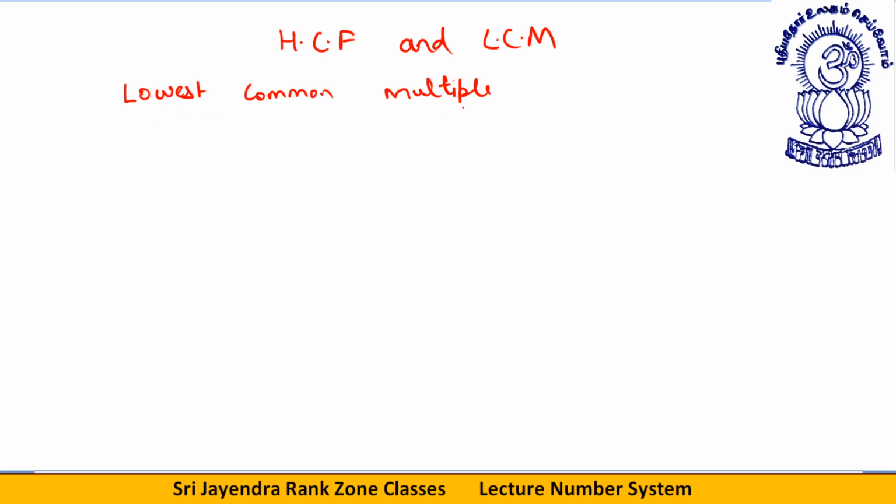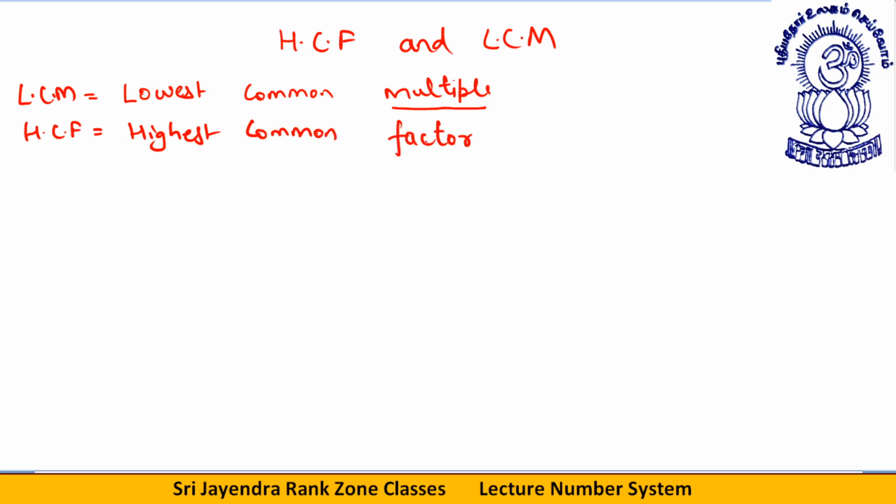Now, first of all, let me tell you the meaning of the word multiple and also the meaning of the word factor. This is the LCM full form. The full form of HCF is highest common factor. Okay. See, first thing, what does the word multiple mean? What does the word factor mean?